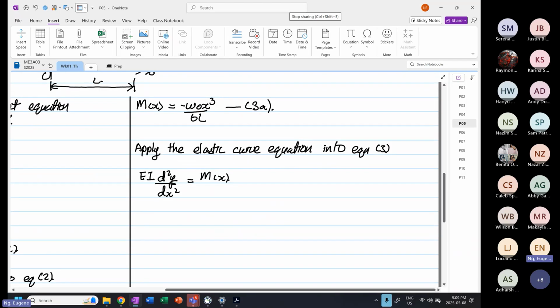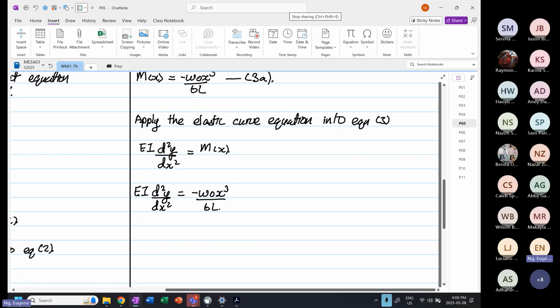So from here, EI d squared y over dx squared will be equal to minus omega naught x cubed over 6L. Okay, so this is now our equation 3b. Then after that, we are going to integrate the third time.